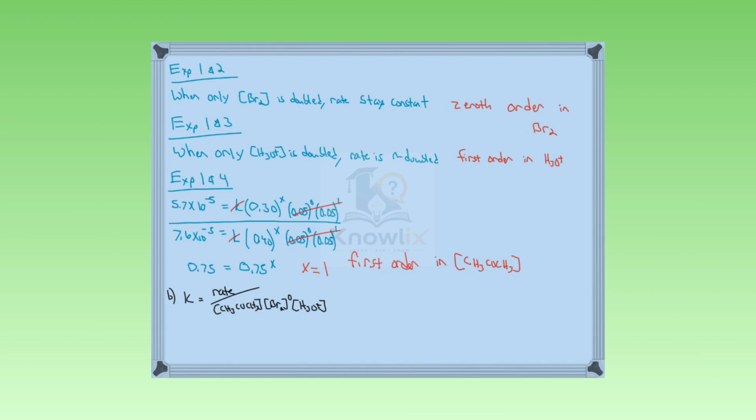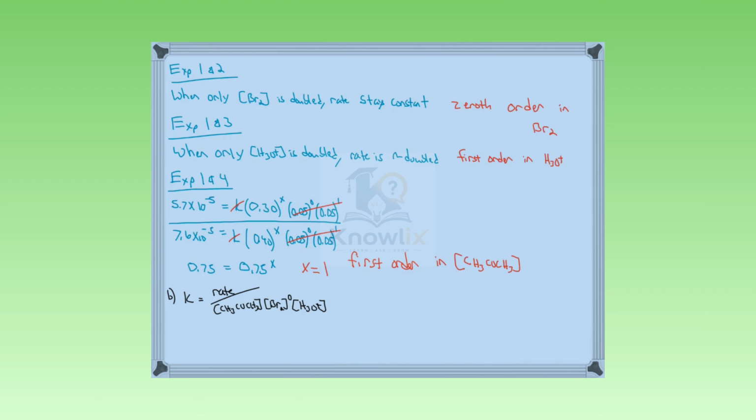So in theory, you should be able to take the data for any of these experiments and you'll calculate the same K value. It doesn't ask you to calculate the average K value, it just wants a numerical value for K. So I took experiment 1 data and I got 0.038.